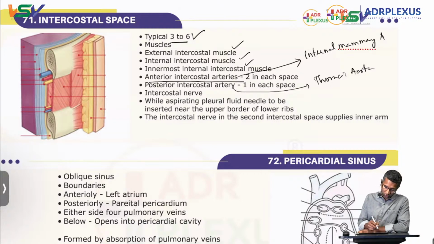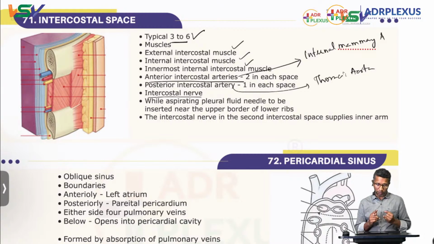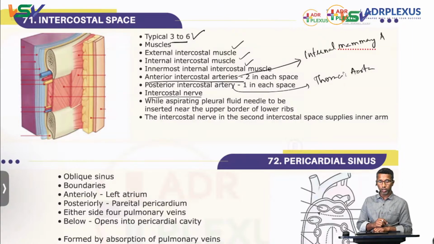There will be an intercostal nerve running in the intercostal space. The major structures, the intercostal arteries and the intercostal nerve, run along the lower border of the upper rib.